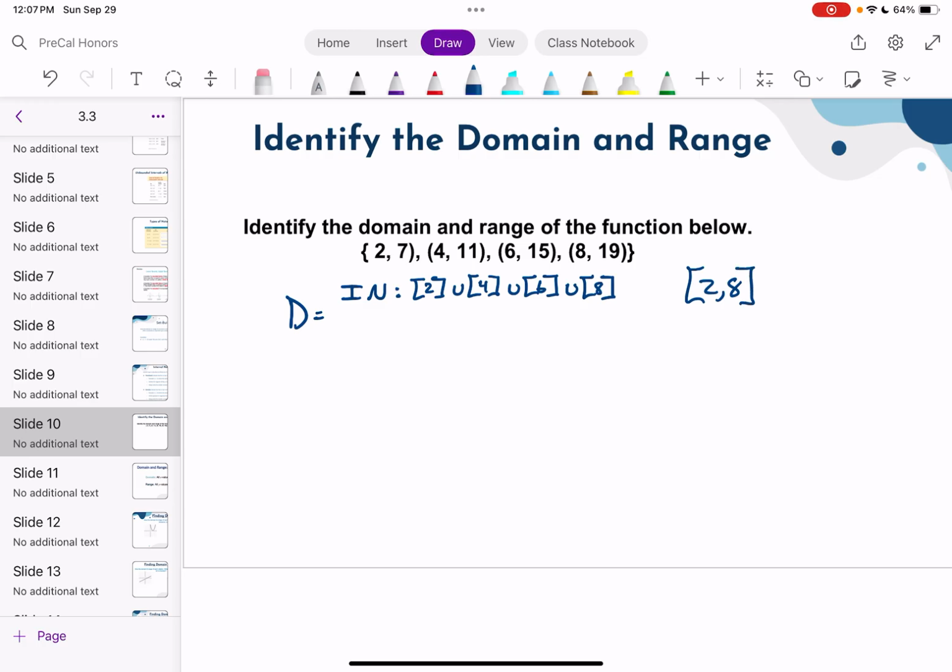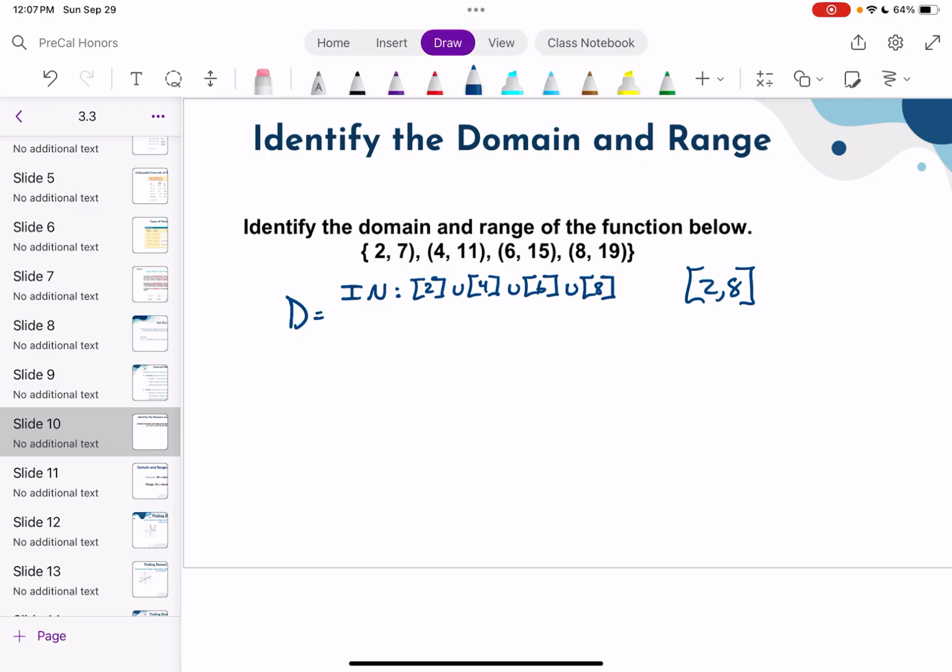Why? Because from 2 to 8 would include all the numbers in between, such as 2.5, 3, 3.5, 4.39, whatever those values are. But when we only use brackets and specific numbers, that means there are gaps in between them.